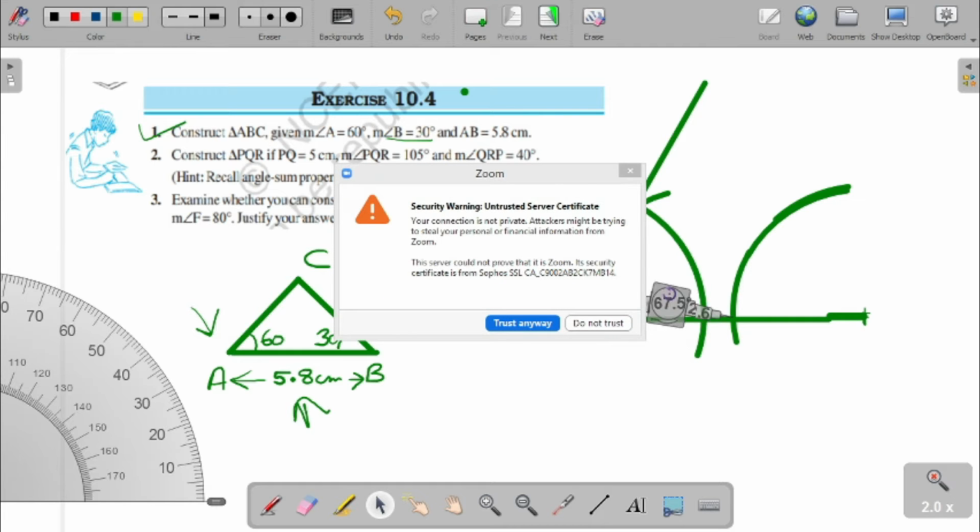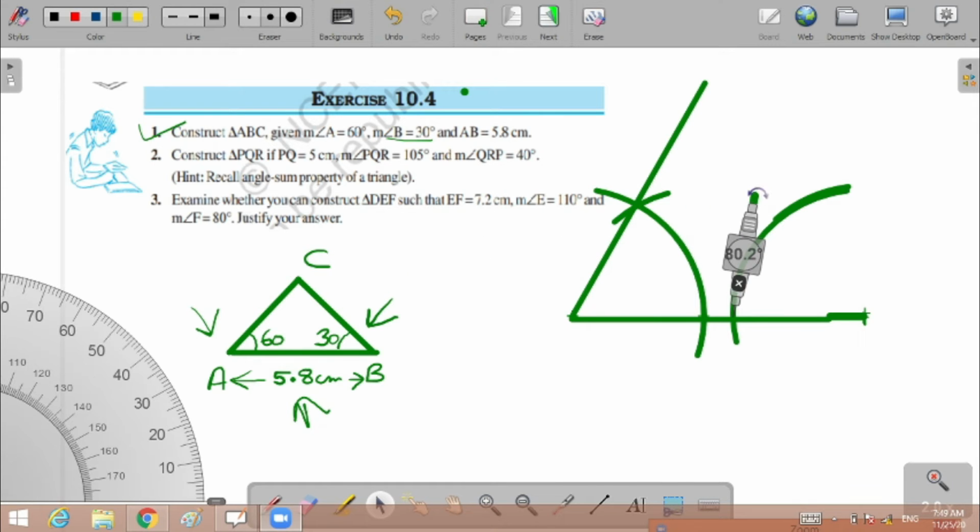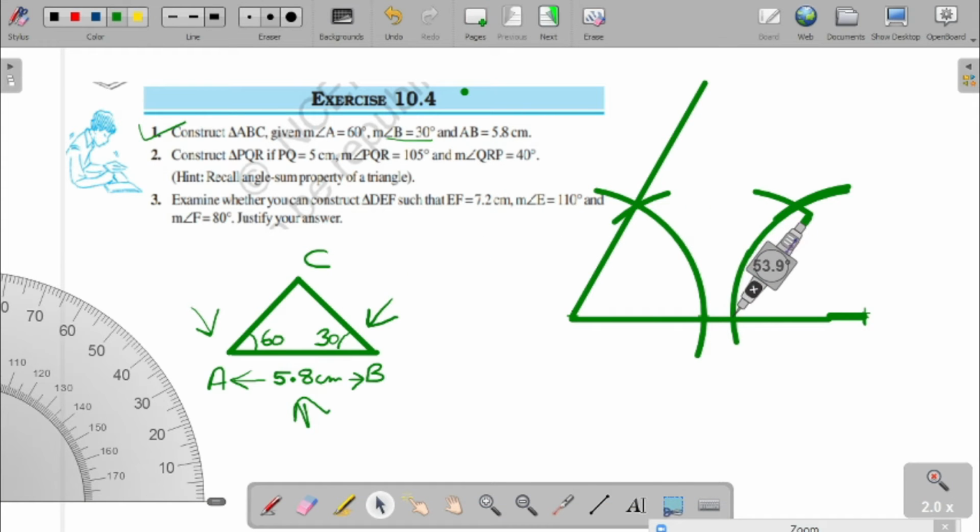Then first we rotate this one. This is 60 degrees. Then using the same 60 degrees, we make the bisector of this one. Let it be here.